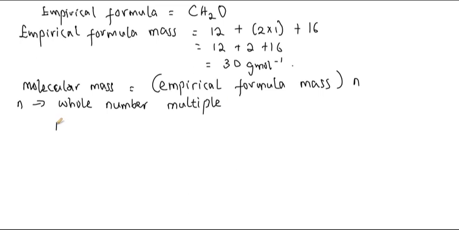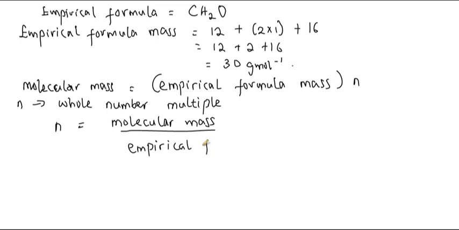To get n here, we just say, making n the subject, n equals molecular mass divided by the empirical formula mass, which is equivalent to 180 grams per mole.